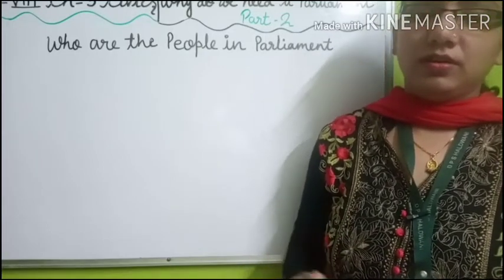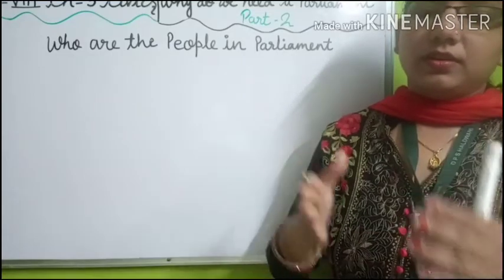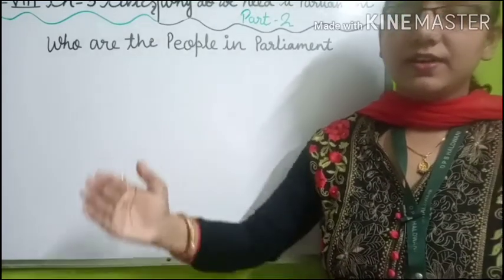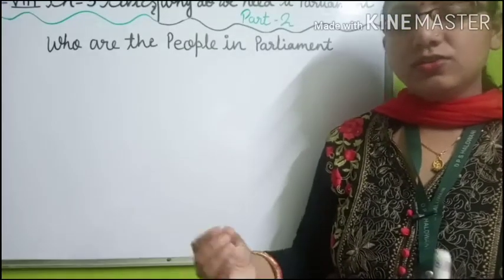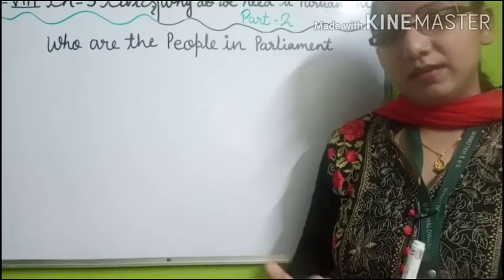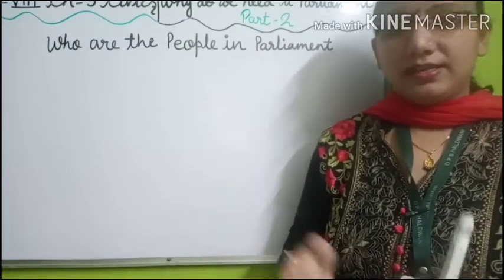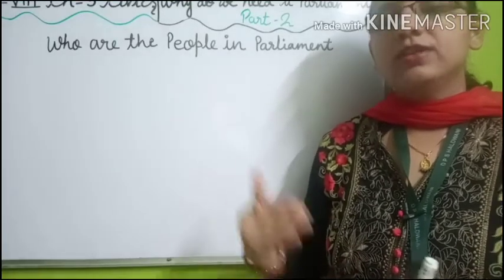ओके, so with this in mind, some seats are reserved in parliament for SCs and STs. So कुछ सीट्स SCs और STs के लिए भी रिजर्व होते हैं. SC means scheduled caste and ST means scheduled tribes.